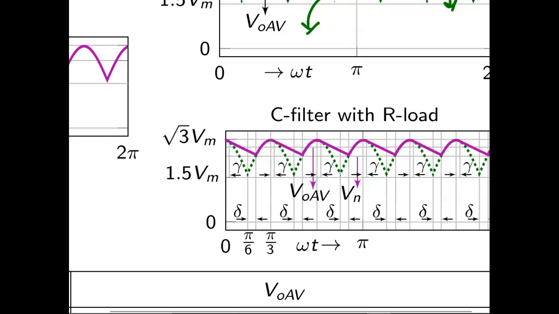So the output voltage will be sinusoidal, for example from pi by 6 plus delta to pi by 3 plus gamma, and that will be equal to VRY, and it will fall exponentially, and after pi by 3, after 60 degrees from this pi by 6 plus delta, we will have another sinusoidal variation starting, and then that will again stop here and it will go on.